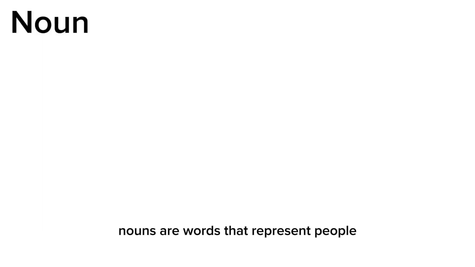Nouns are words that represent people, places, things, or ideas. They can be categorized into various types based on their characteristics and functions. Here are some common types of nouns along with examples.